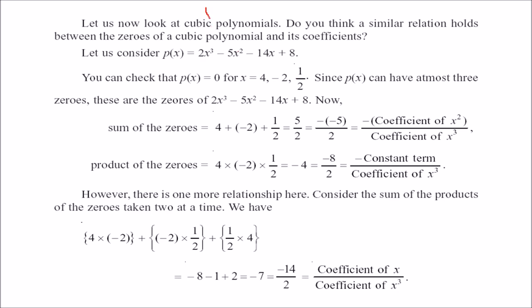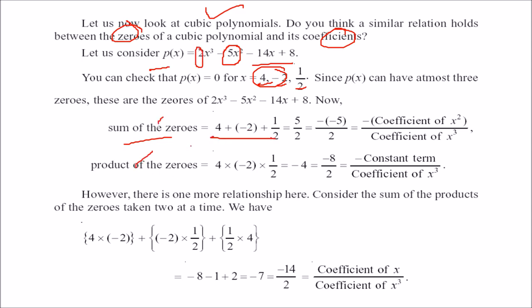Now let us come to the cubic polynomial. Is there any relationship between the zeros and the coefficients in terms of cubic polynomials? Yes, there is. So if we take p(x) as 2x cube minus 5x square minus 14x plus 8, and if I tell you that these are the zeros, just sum these, and you'll be elated to know that this is equal to minus coefficient of x square by coefficient of x cube, which is similar to sum of zeros.